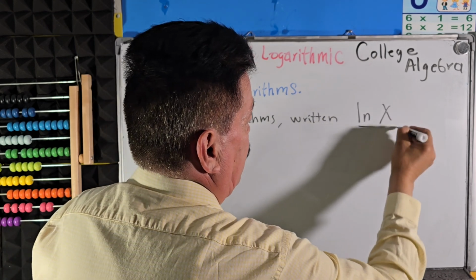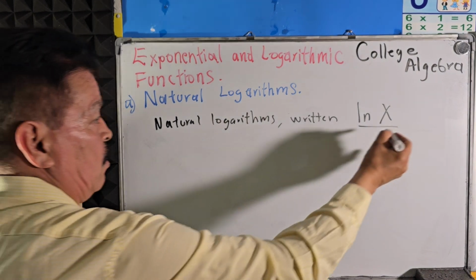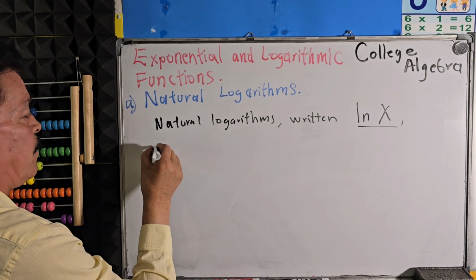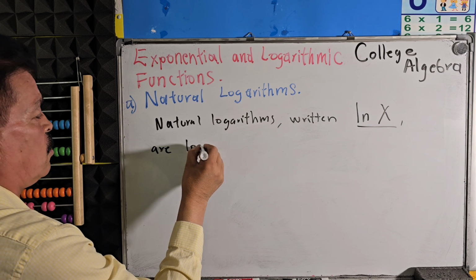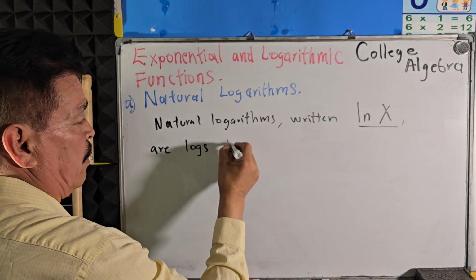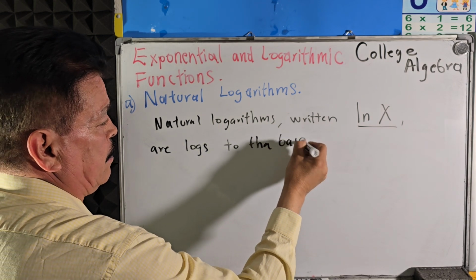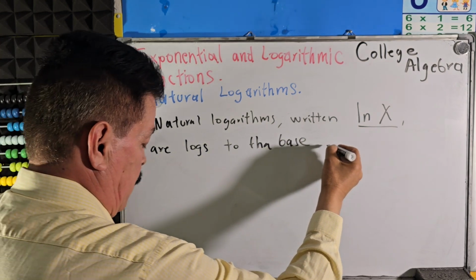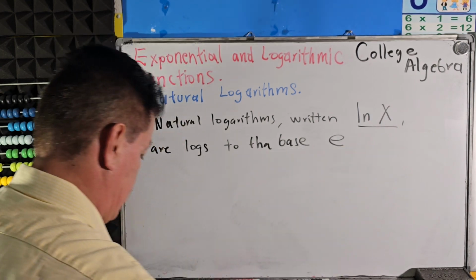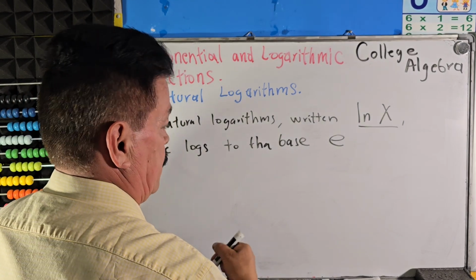Okay, that's the symbol. So these are logs to the base e. Okay, the base e.